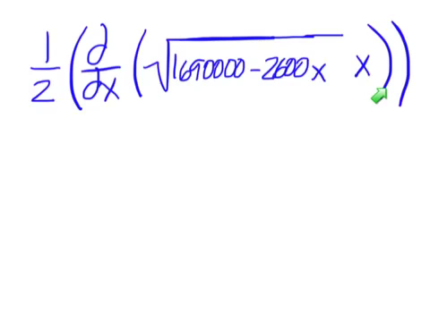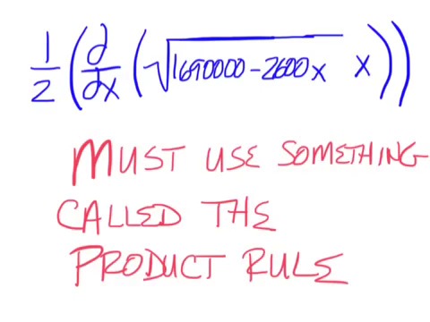And don't forget, this is a quantity, and this x by itself is 2. So you have to use something called the product rule in here, and this is the first new thing you're going to look at. The product rule means you have two items here for which you need the derivative, but they're multiplied together. So use the product rule.